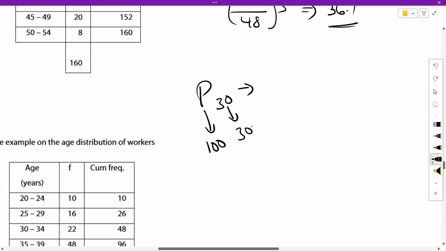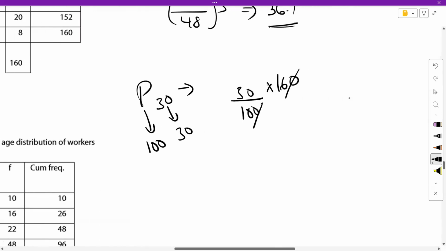Percentile 30 means 30 out of 100, 30 into 160. So how much? 48. Yes, 48.